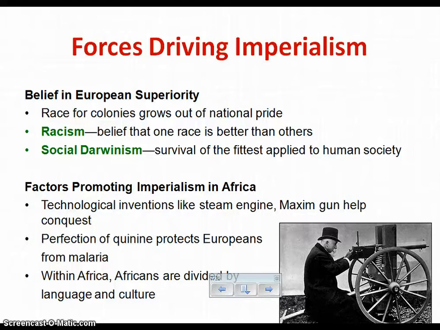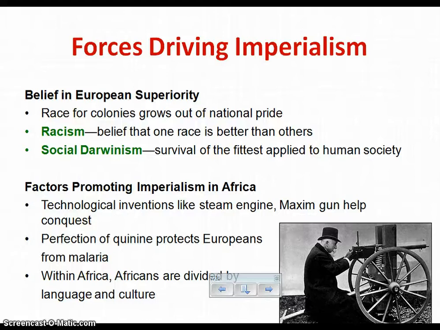There's always been a belief that if your skin was darker, you are not as human or as good as someone with white skin. This is just exemplified through imperialism. First of all, because there's no education implemented in Africa at this time, many of these tribes did not even know what they were doing when they were signing their land over to European countries.